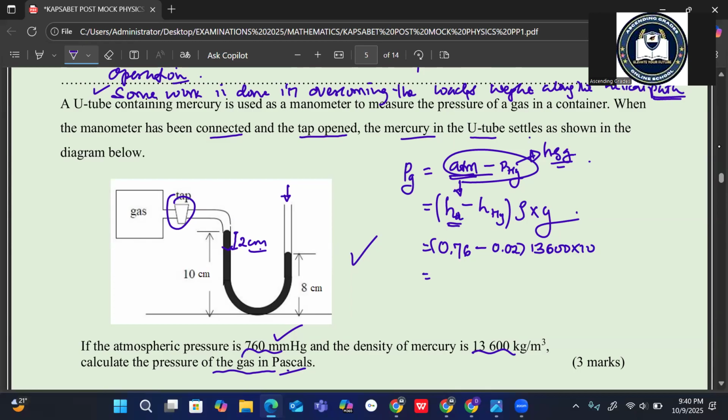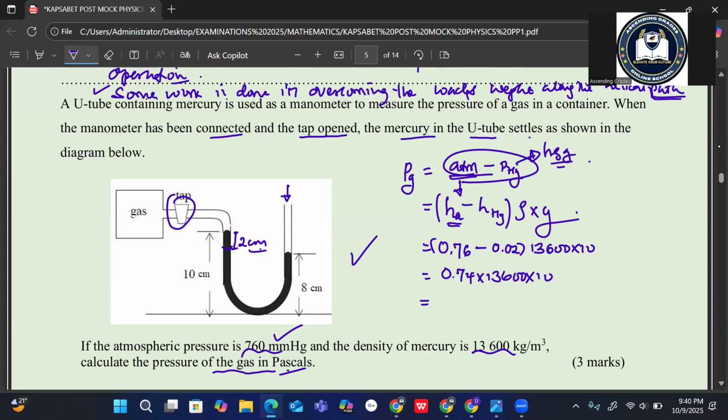Here we go. By calculation, this is 0.76 minus 0.02, so this is 0.74 times 13,600 times 10.